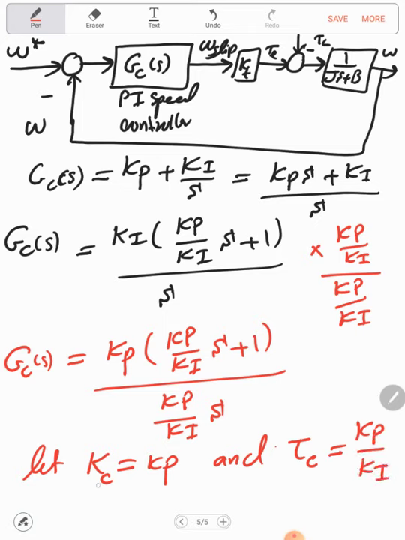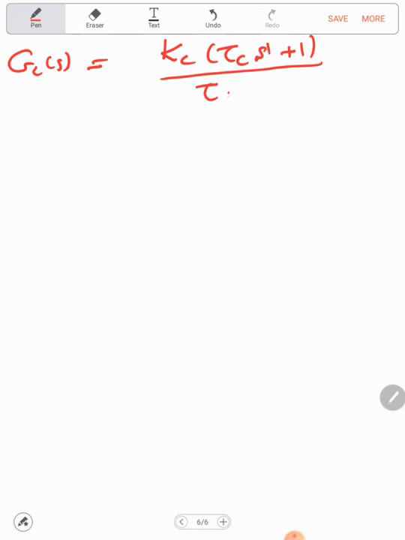So using the gain Kc and the time constant, the PI control can be written as Gc of s equal to Kc times (tau c s plus 1) over tau c s. Now the PI control here is represented by a gain and a time constant.